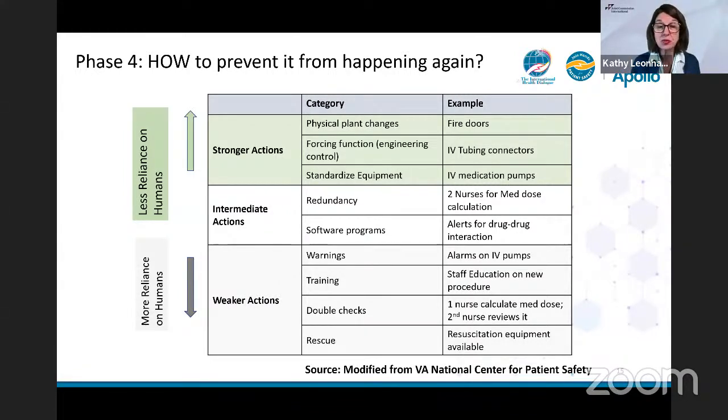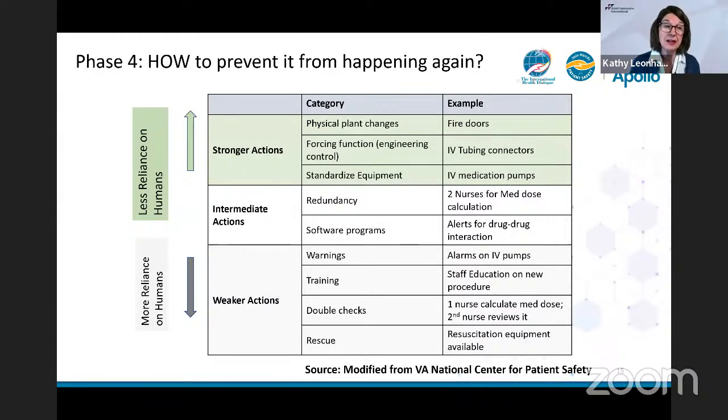Now, some of those weaker actions are ones that we still may do, but they rely on us as humans. Everyone's favorite corrective action after a root cause analysis is training, and you can see it's one of those weaker actions. When you think about training in this case study, do you think an oncologist, even though he's new in that hospital, hasn't been trained about vincristine?